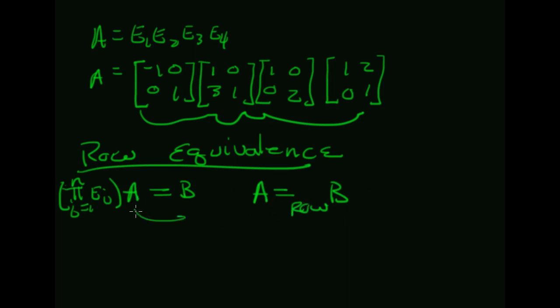If I can get from one to the other by using a product of elementary matrices, they are what we call row equivalent. This is going to get me to my first equivalent conditions theorem, which are kind of important in linear algebra.